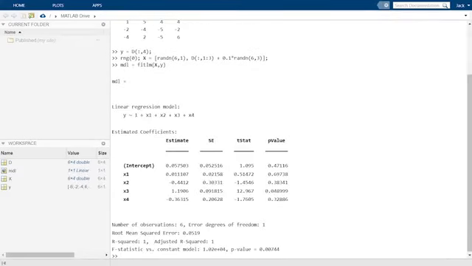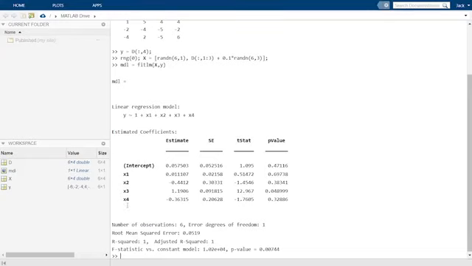The result shows us that fitlm has created a linear model to predict Y as a linear equation with a constant term called the intercept plus a linear combination of the four features x1, x2, x3, and x4.